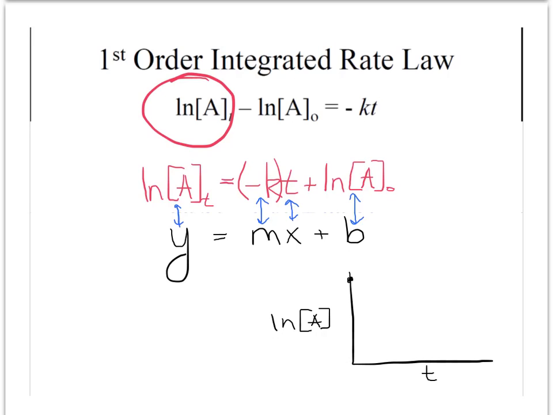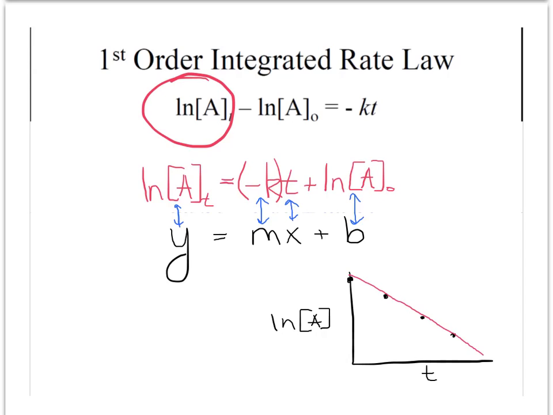So let's say we always started with this amount. And then after a certain amount of time, we'd find out what the concentration is, and well, it would be right there. And then we would do it again and find another concentration after time is going on. We would find it right there. And then we would do it, let's do it a 4th time. We'd find it right there. So we would just find 4 data points, plot them, and we would get this line on our graph that would end up being straight.